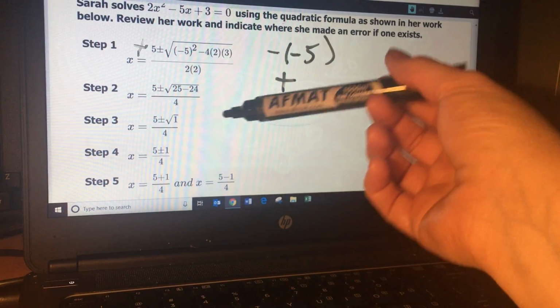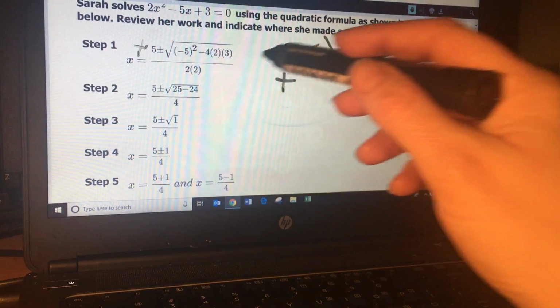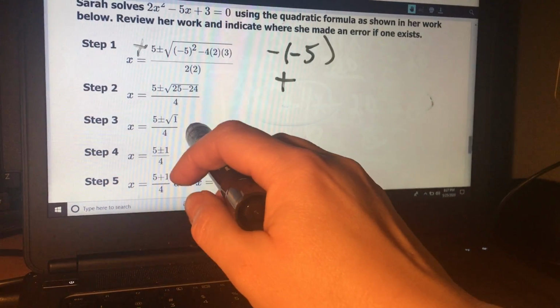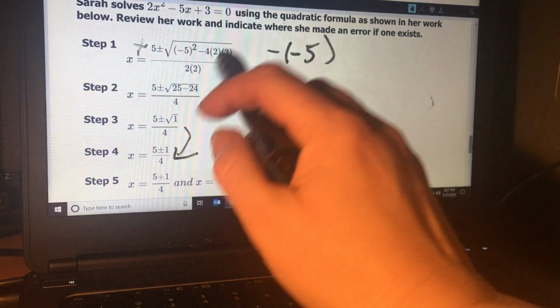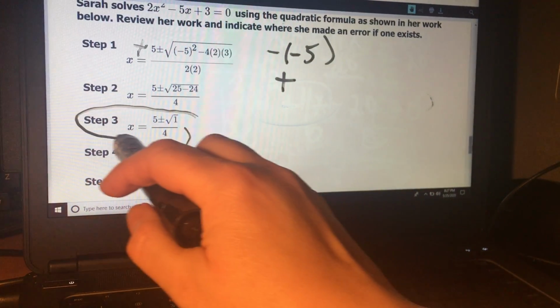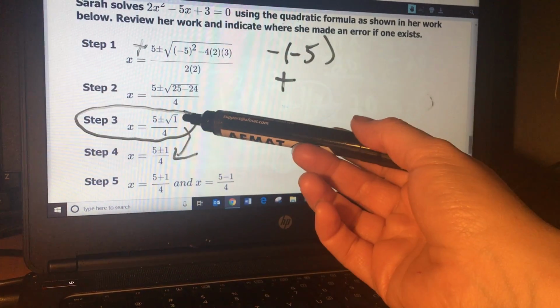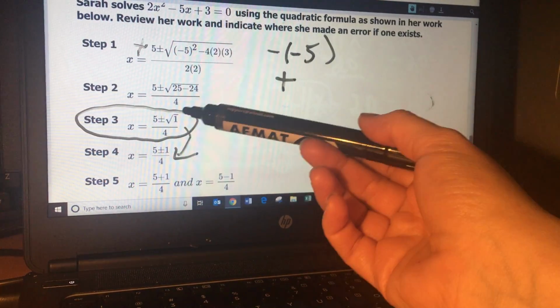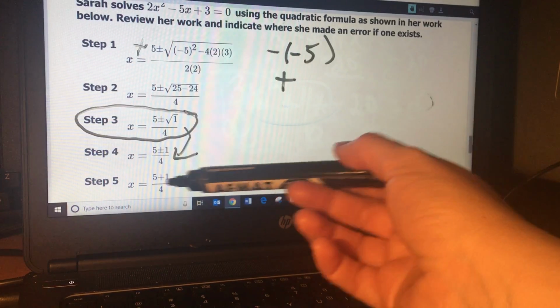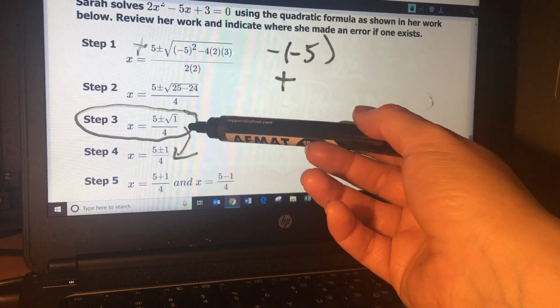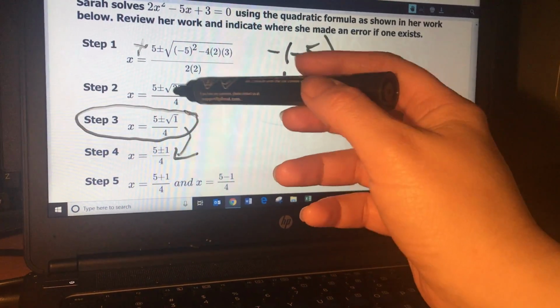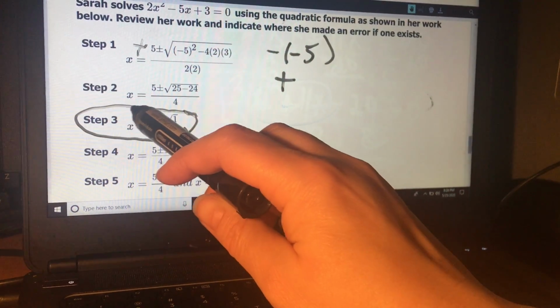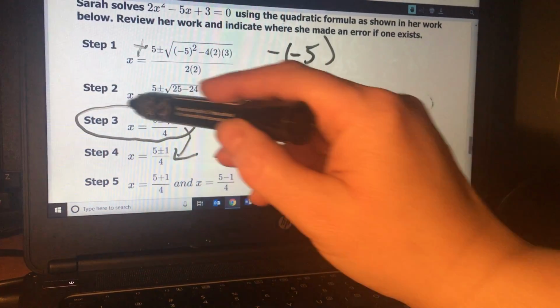Okay, good. So from here to here, there's the mistake. Radical 1 is not 1. So you cannot just add them and subtract them. So for this question, your error is in step 3 to 4.